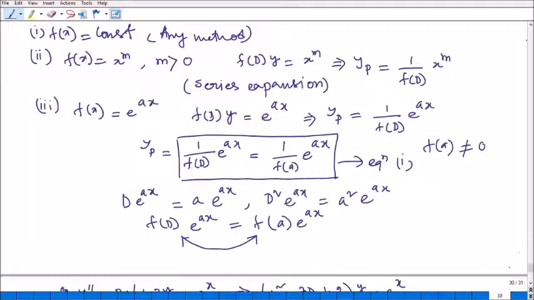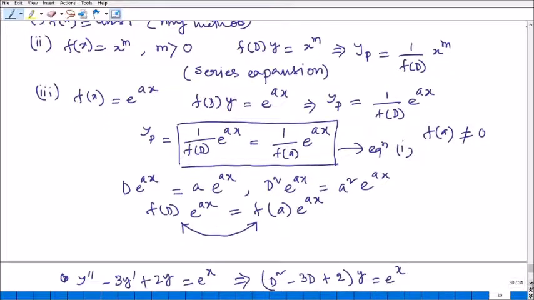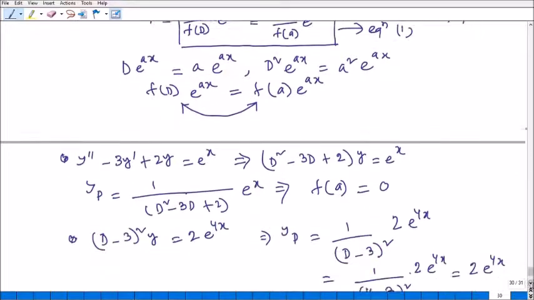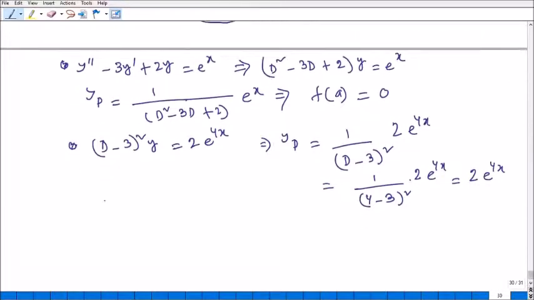Now the fourth type of function is if f of x is equal to either sine of ax or cos of ax.